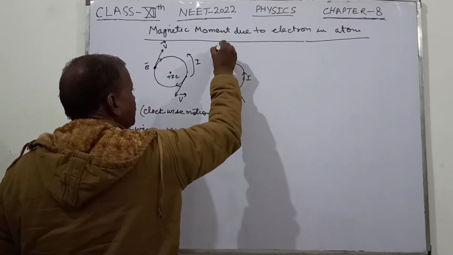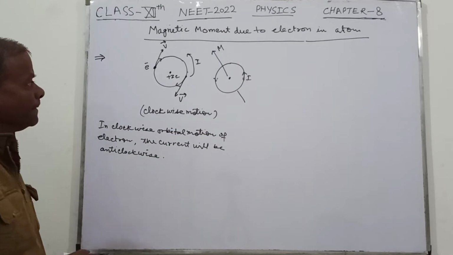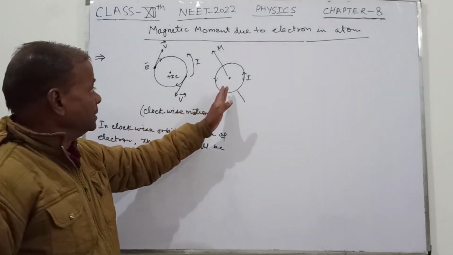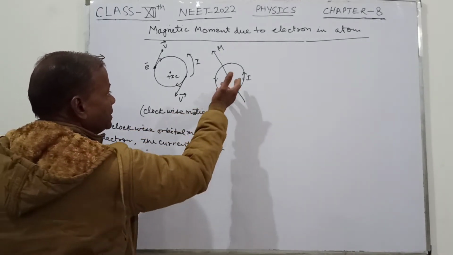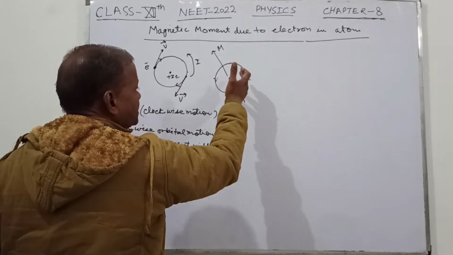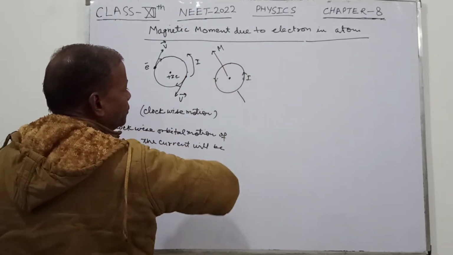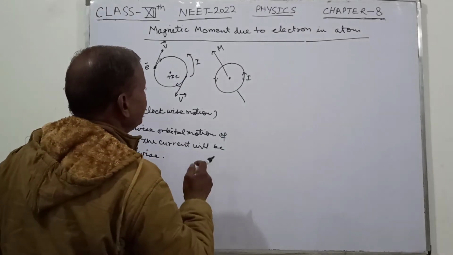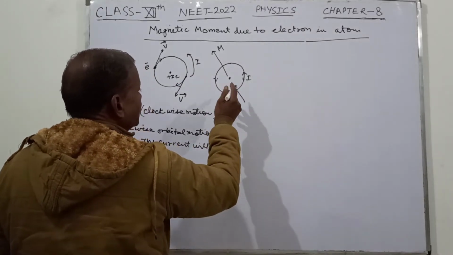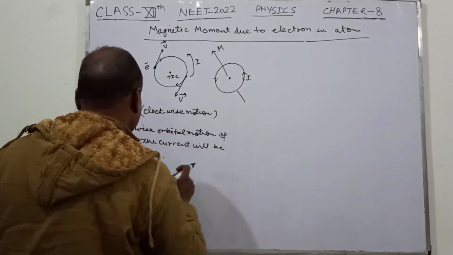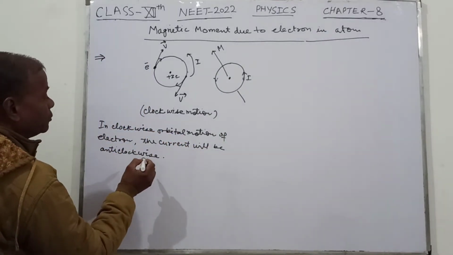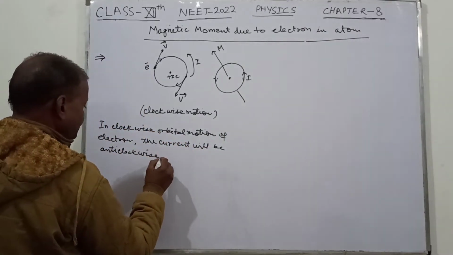This is the magnetic moment M. So what we have is that when we look at this face, it appears just as the north pole, and this is the south pole. So this will behave as a magnet.